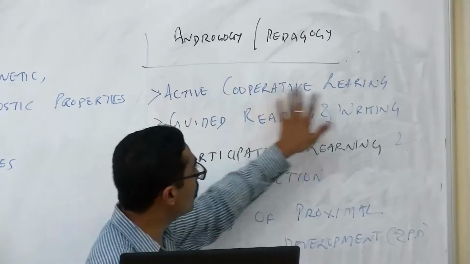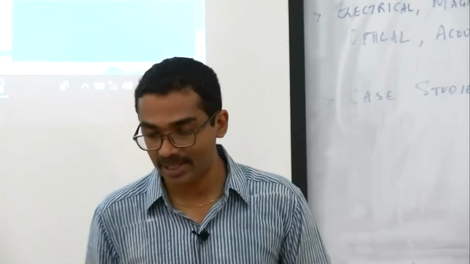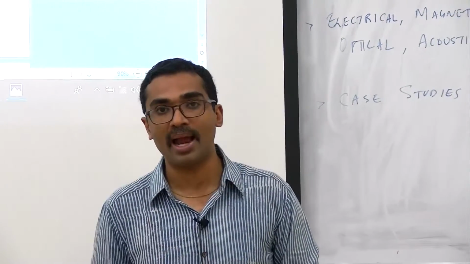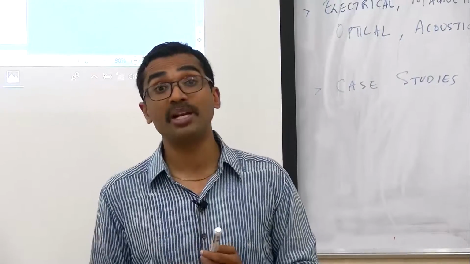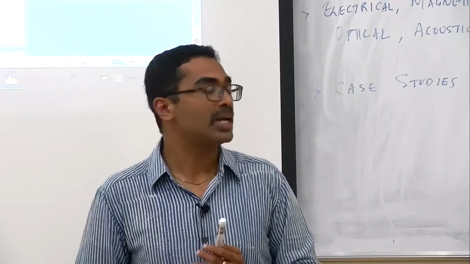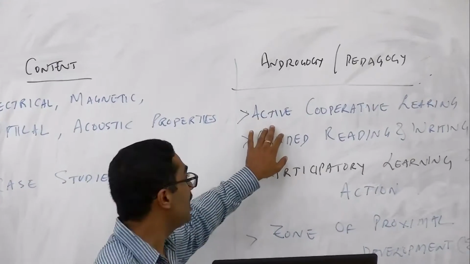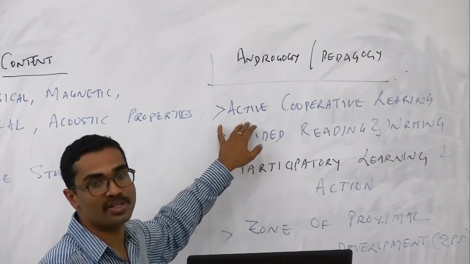The first one is active cooperative learning, and this has been a continued thread throughout these sessions. So active cooperative learning has two very important aspects that are connected to learning: activity of the student and cooperation among the students. So hence active cooperative learning. So the active part or the activity part enables self-engagement, and hence it appreciates the individuality of the students.